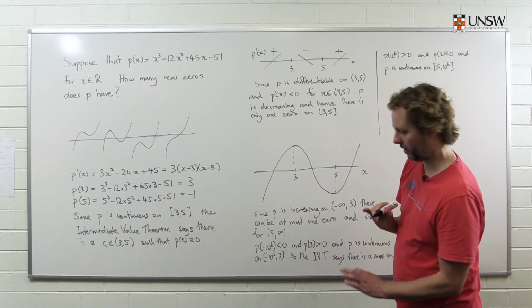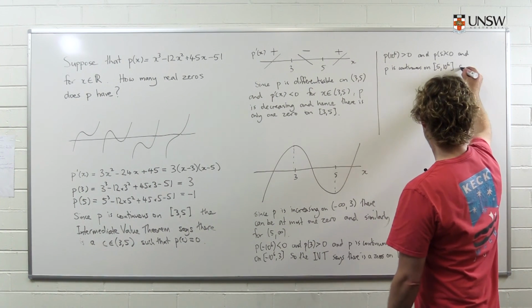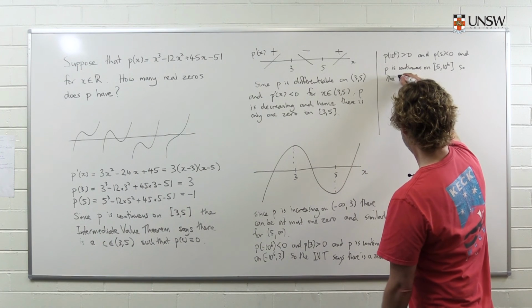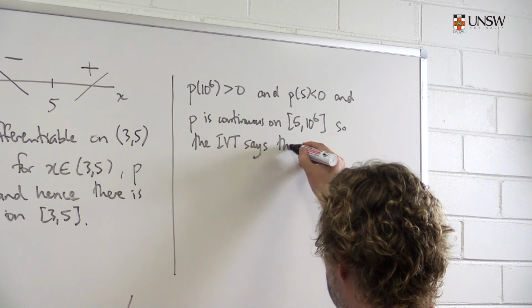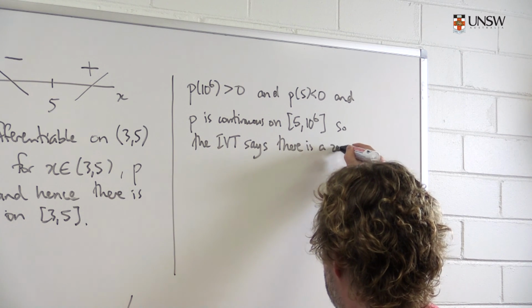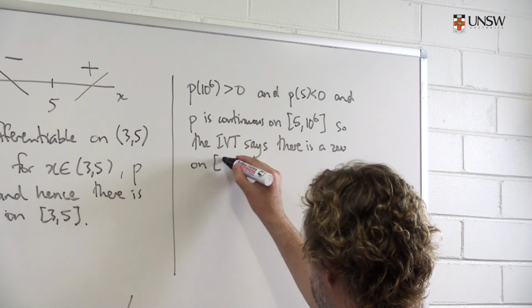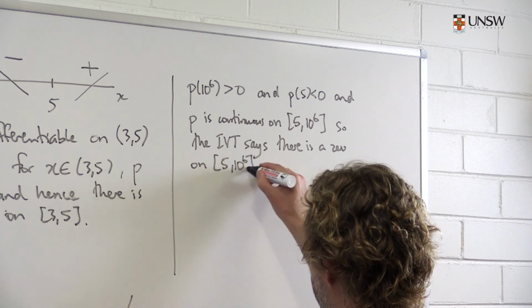Okay, so the intermediate value theorem tells us that there is a 0. So there is a 0 on this interval.